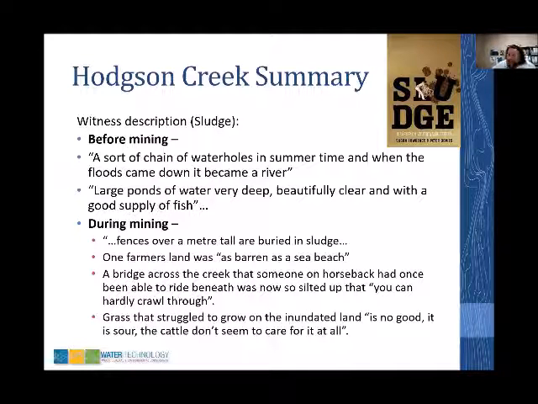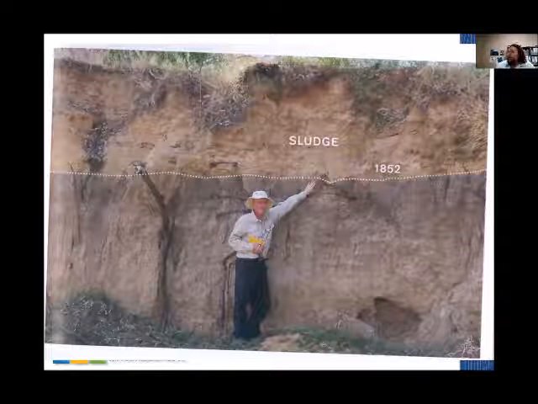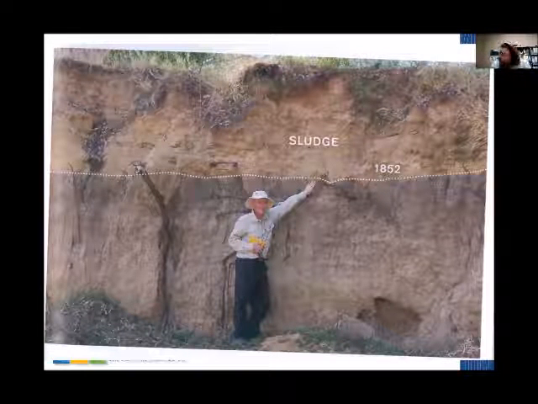And this image here is a photo taken of a bank of Hodgson's Creek. You can see that man there is Ian Rutherford, and he's one of the preeminent geomorphologists in the country.